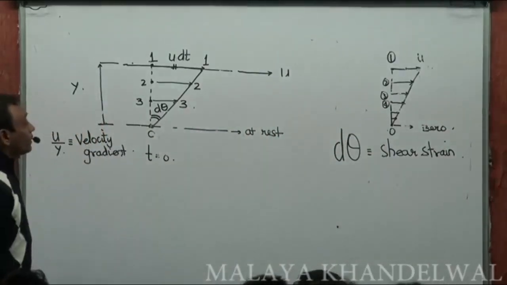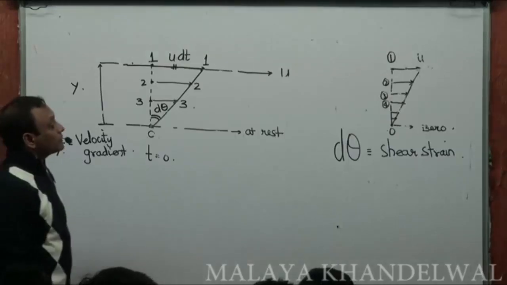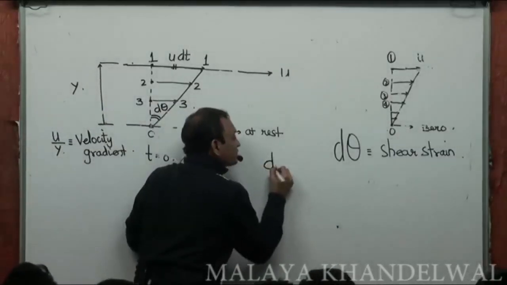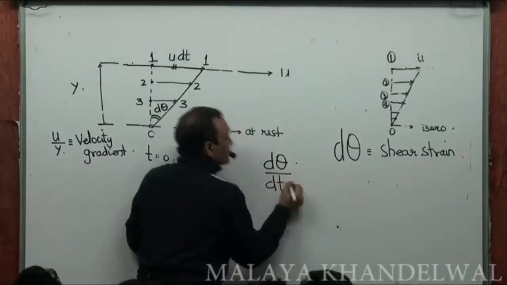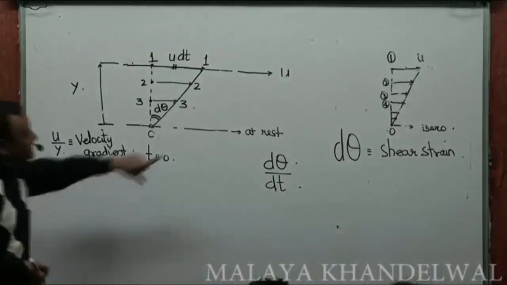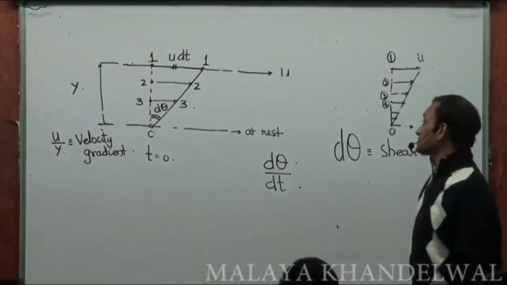Now, the rate at which shear strain takes place is d theta dt. D theta dt is the rate at which shear strain is taking place.